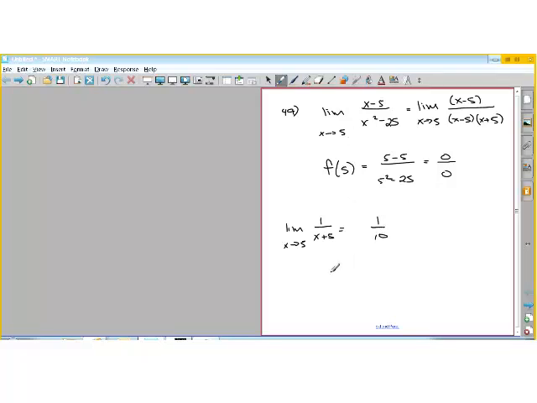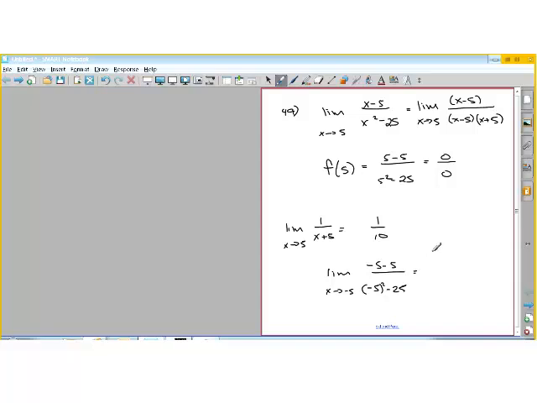Now if I were to say, what is the limit as x approaches negative 5? Well, I'd just plug negative 5 in and see what happens. So I'd have negative 5 minus 5 divided by negative 5 squared minus 25.